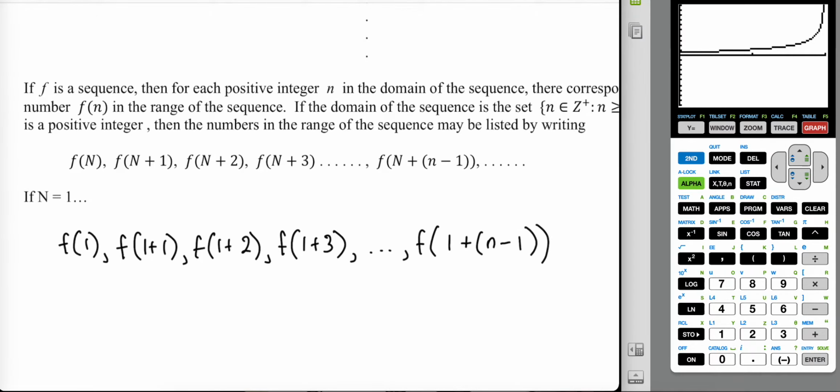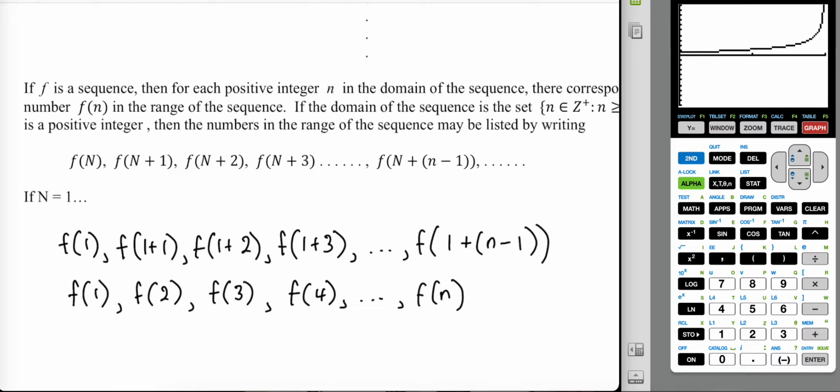That simplifies further to f of 1, f of 2, f of 3, f of 4, all the way up until we get to, if you distribute, you're just dropping the parentheses, f of n.